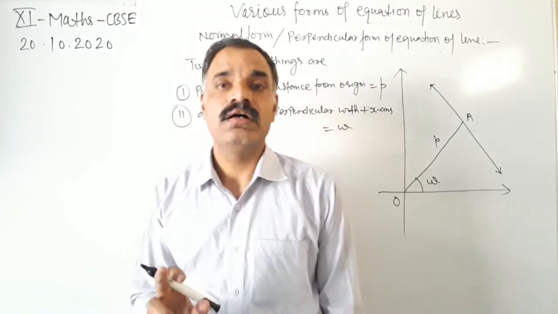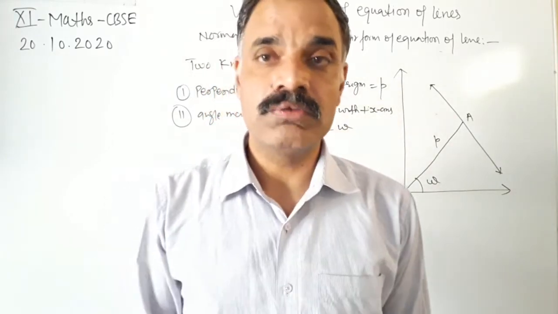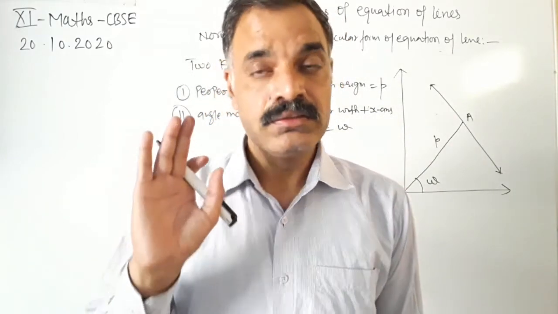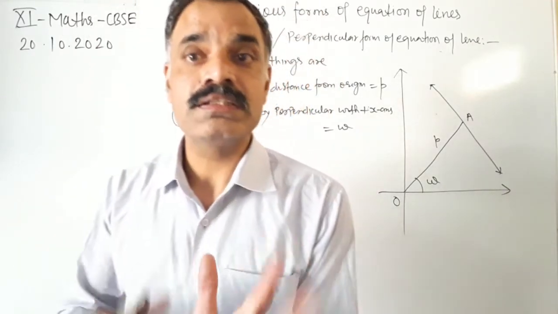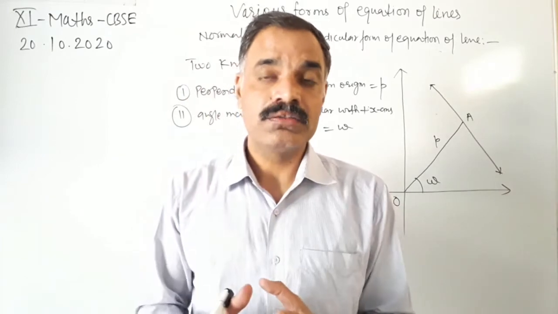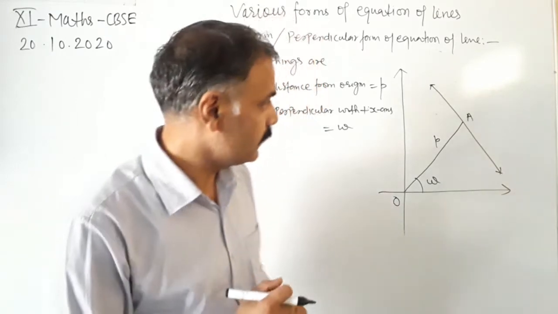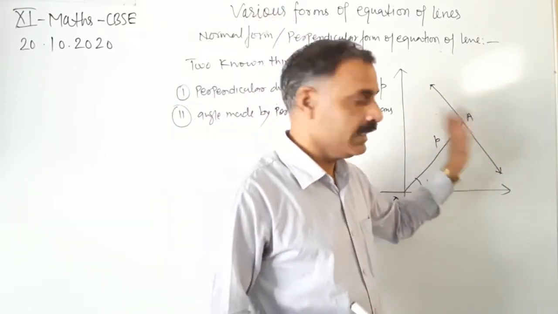We have to find the normal form of the equation of the line. So what extra things do we require to find it?